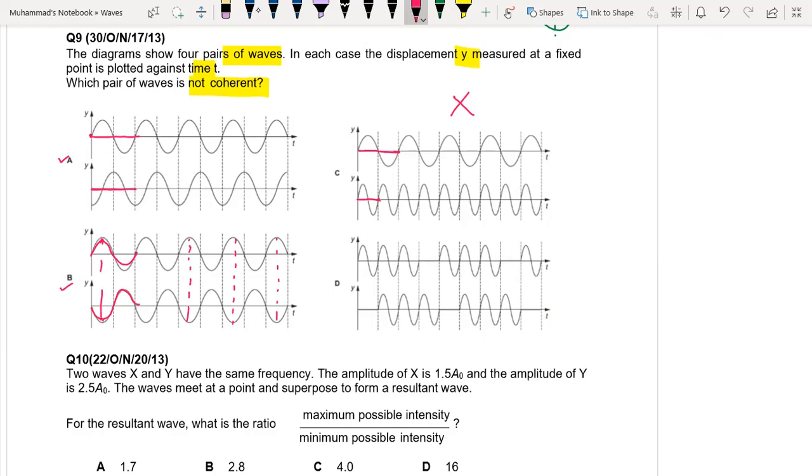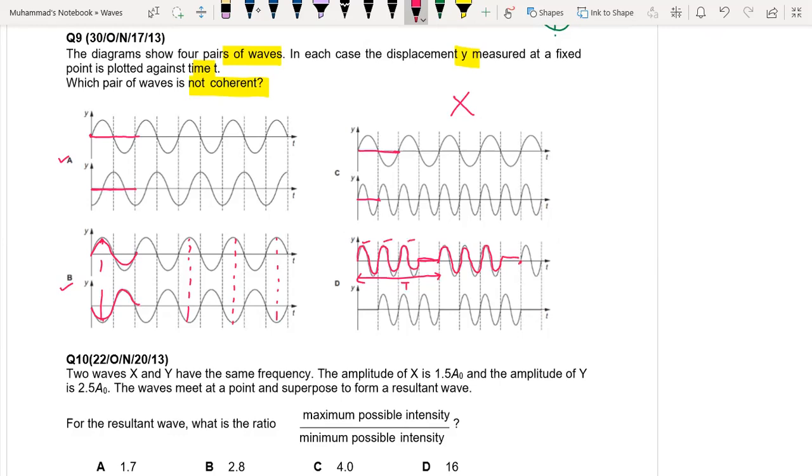Similarly, in option D, you can check. This is one cycle of this wave. You must be able to identify the one cycle. This is the time period. Then again, the second cycle starts from here. This is the second cycle. You can see that there are a few peaks in the wave.